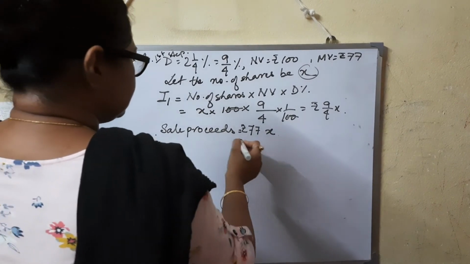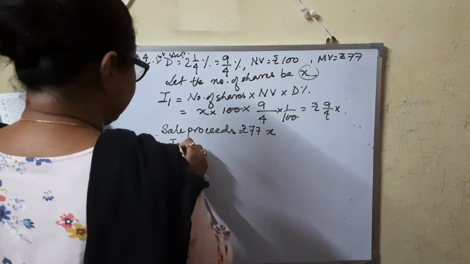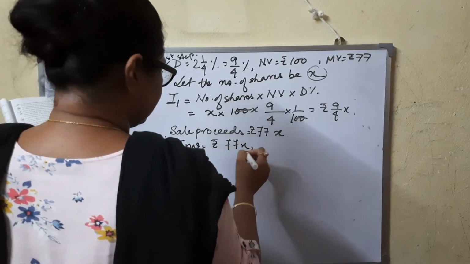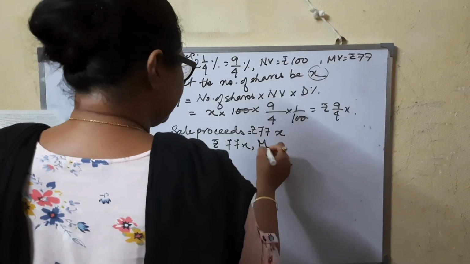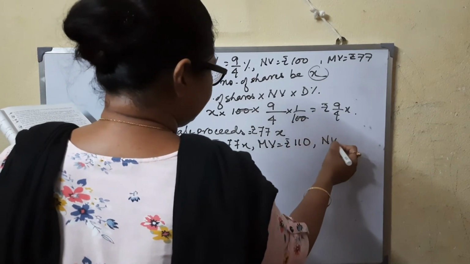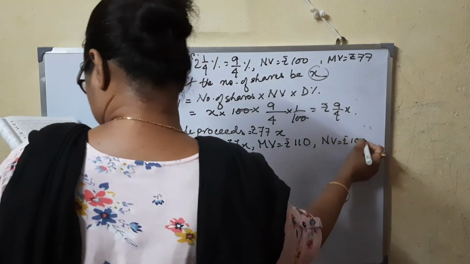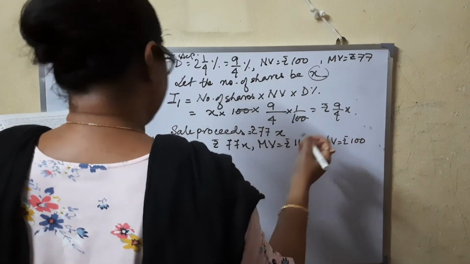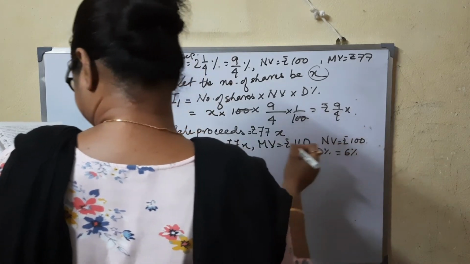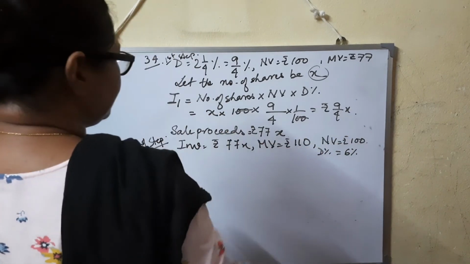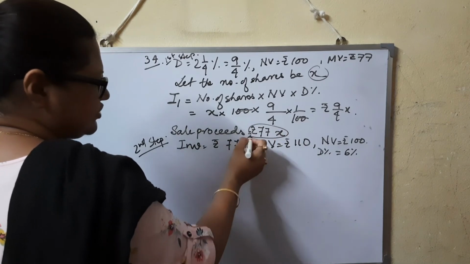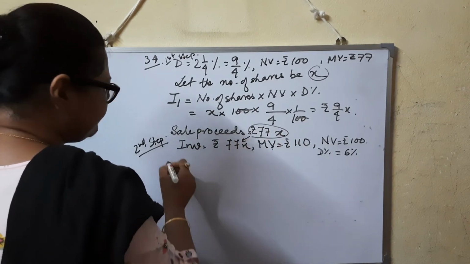Okay, let's move on to the next step. Now, sale proceeds becomes the investment in the next case. The market value of these shares was stated to be 110 and nominal value was 100, and dividend percent was 6%. So this will become investment, and market value is this.